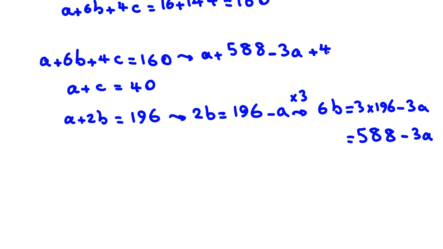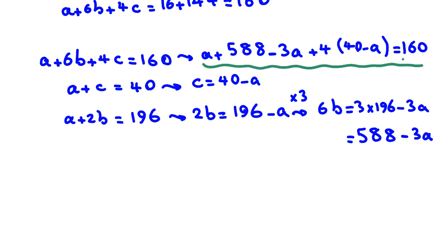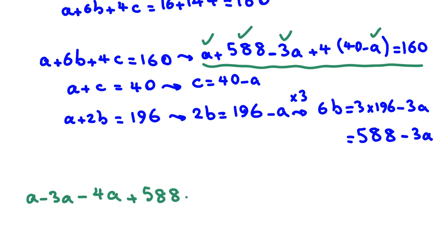Plus 4c equals 160. From here also I can say c equal to 40 minus a. So let's replace it here: 4 times 40 minus a equal to 160. If I consider this part, I have a minus 3a minus 4a, and 588 plus 4 times 40, 160, equal to 160.